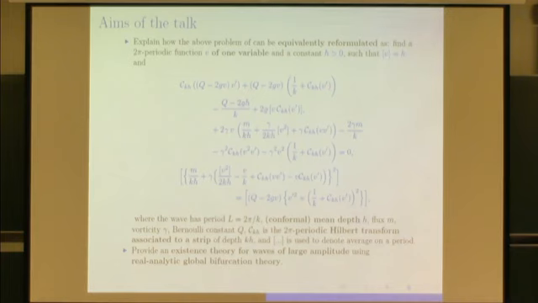So let me explain briefly what the objects occurring in this equation are. The main unknown is this function v that you see occurring in a lot of places, which is a 2 pi periodic function of one variable. So the free boundary problem has been reduced to an unknown that is just a function of one variable.